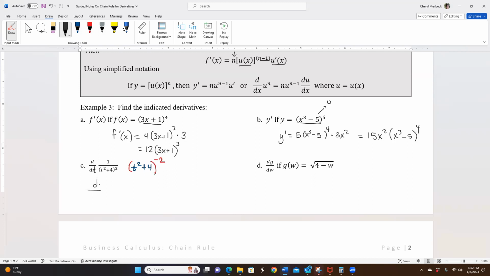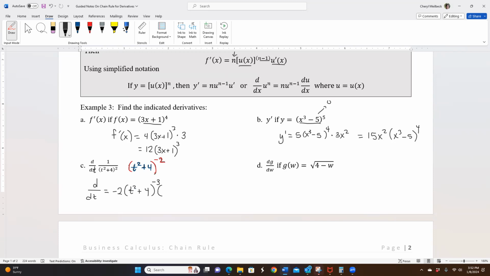This should say dt since it's a t. Excuse me there. It would equal the outside function, the red part, so we do a negative 2 to the negative 3 power. That's the derivative of the outside. We leave the inside the same. Then we'll multiply this by the derivative of my inside function.